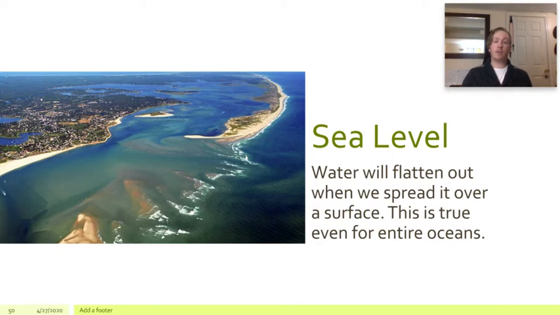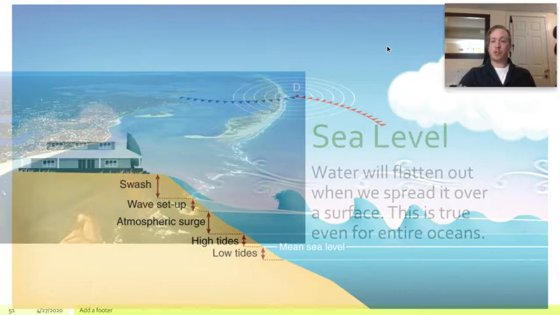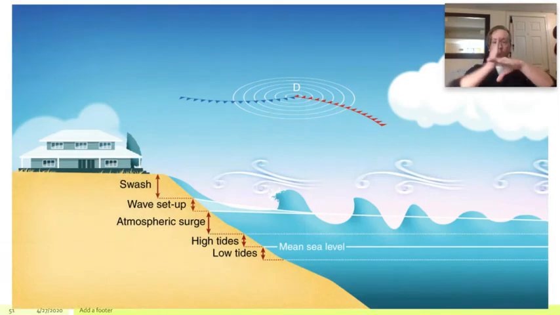So not just if you spill your water on the floor, but if you take the trillion gallons that are in an ocean and you poured it all in there, it would flatten out eventually. So we use this as the 0 point for measuring elevations. That's like the middle of your coordinate plane, sea level, and then wherever you're looking at. This is a little diagram showing how we figure out sea level.